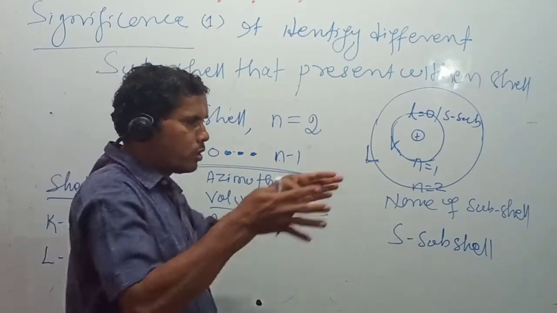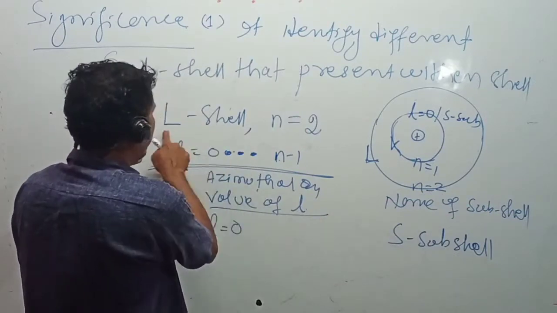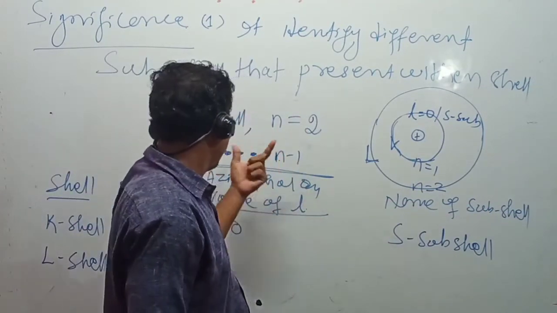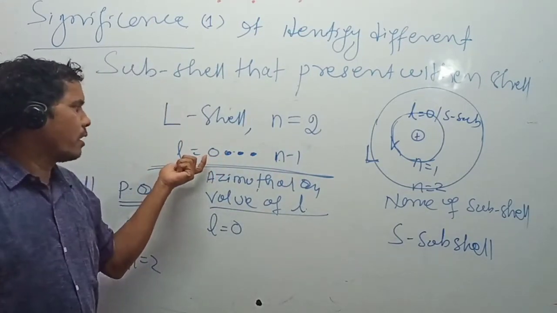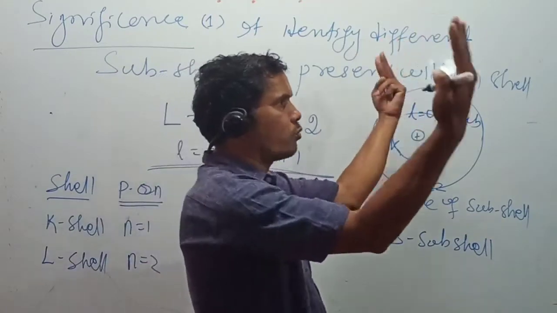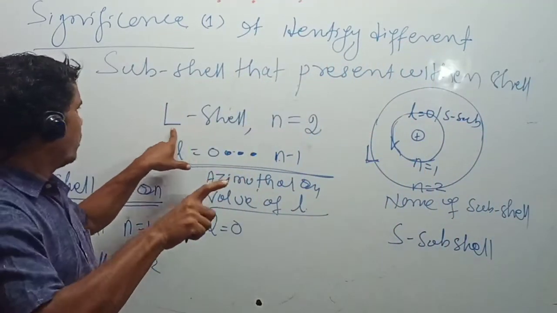Suppose you enter the room whose name is the L shell, where the principal quantum number n equal to 2 and the azimuthal quantum number l ranges from 0 to n minus 1. Before entering, the labeling is given on the door, right?